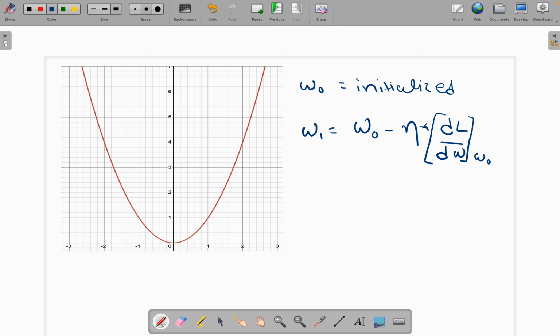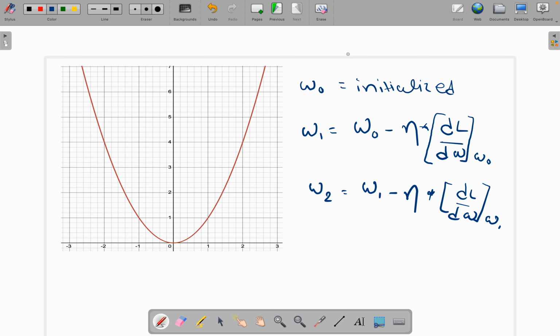So this will be our new w. I'll explain what is happening here, just understand the equation currently. w2 will be w1 minus eta times dl by dw at w equal to w1.